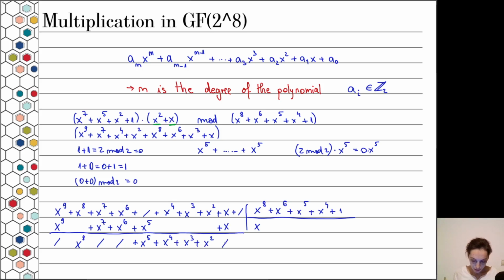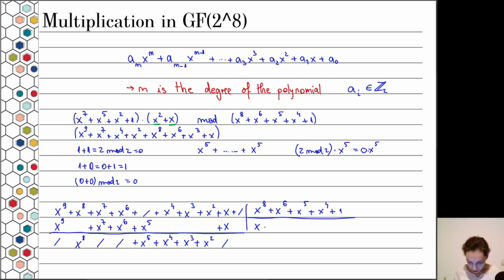This will reduce. 1 plus 1 is 0. So now we will have to reduce it again, because what we need is a polynomial with the degree at most 7. So that's what we need, because in the field GF of 2 powered by 8 we will have polynomials of degree maximum being 7.